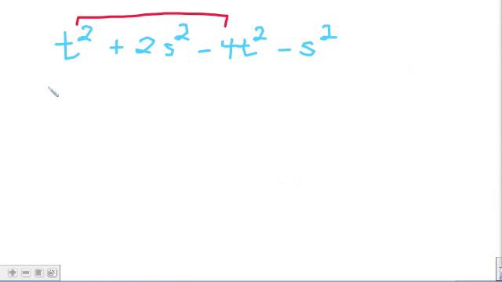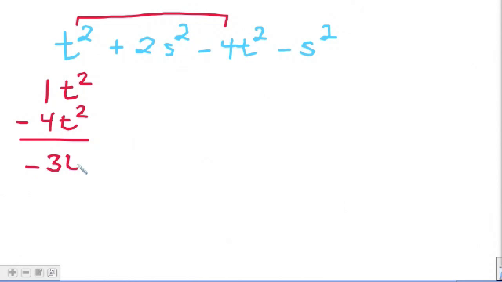Well, this is basically a 1. So we get 1t squared. And what kind of 4 is this? It's a negative. We take the value in front. Minus 4t squared. Okay? That's going to give me negative 3t squared. So negative 3t squared is how I'm going to start this off.